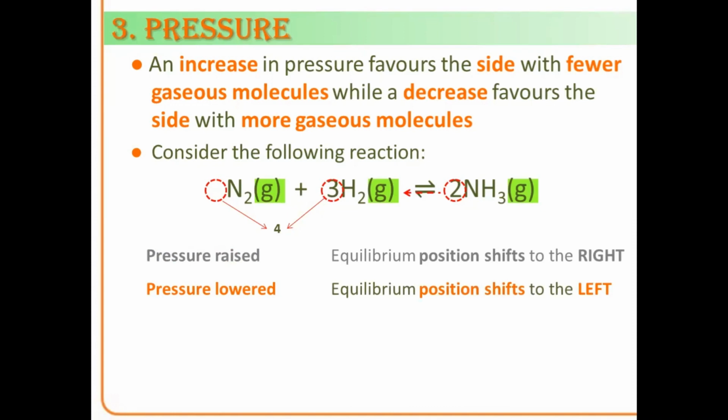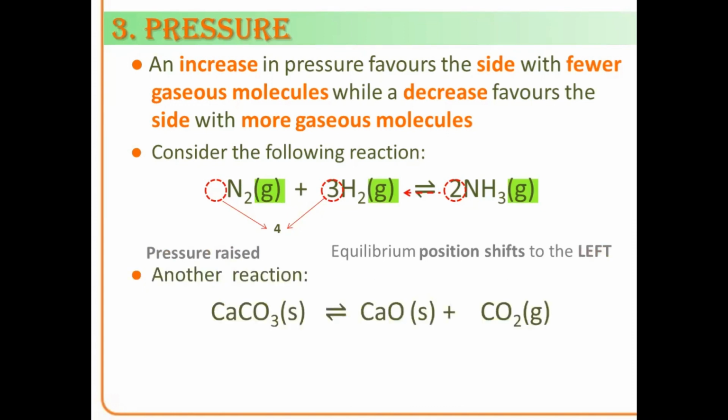Let's look at another reaction. Decomposition of calcium carbonate. And like I've said before, the first thing that we want to do here is to check the state symbols. We have calcium carbonate solid, calcium oxide solid, and carbon dioxide gas. This means that calcium carbonate and calcium oxide have no effect because they are in the solid phase.